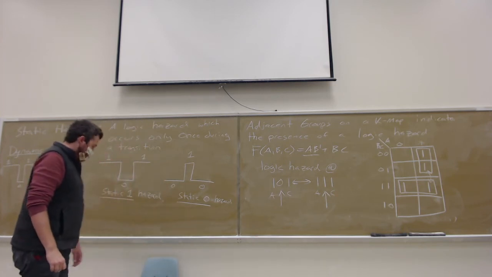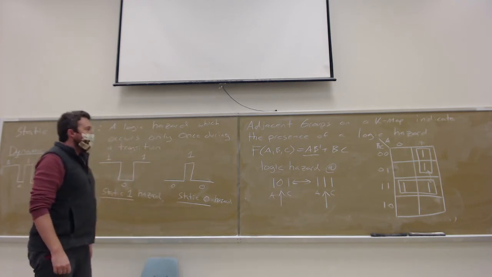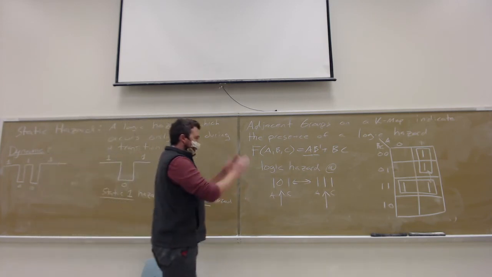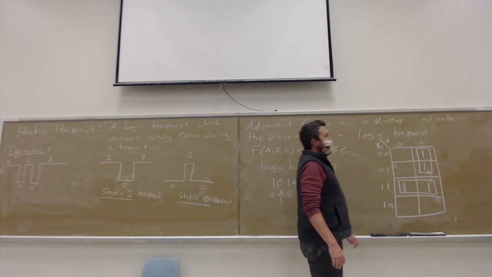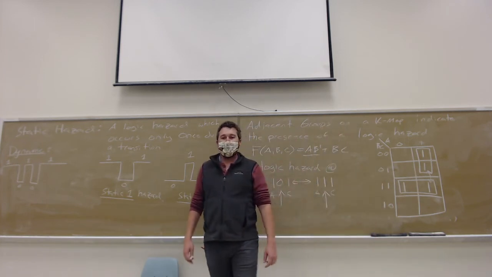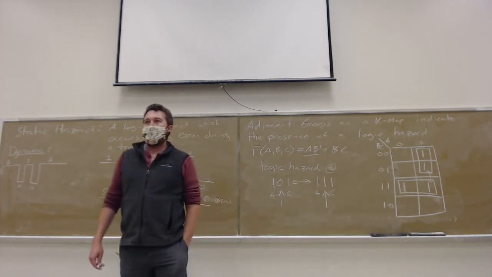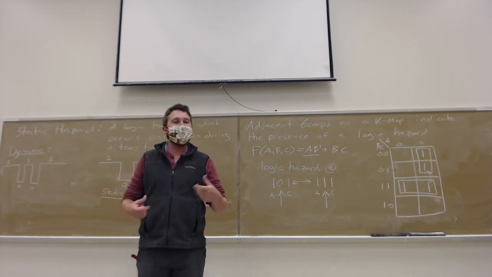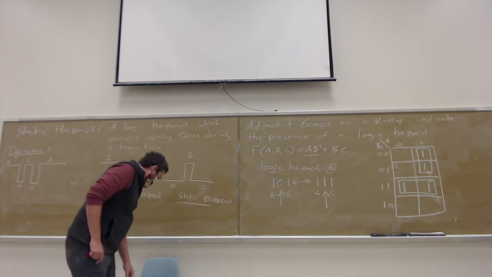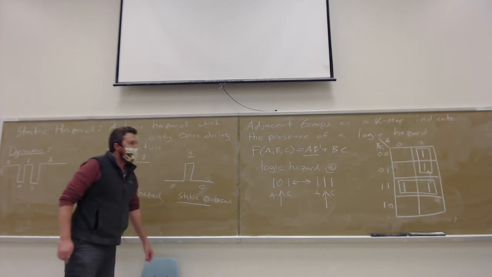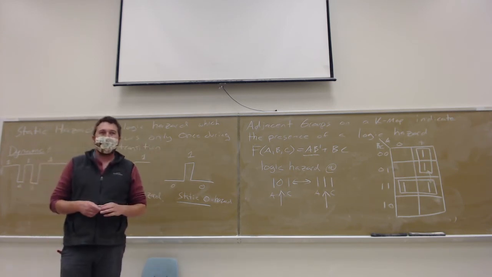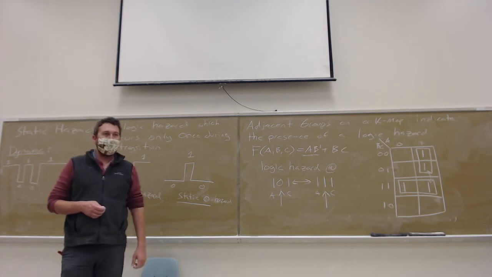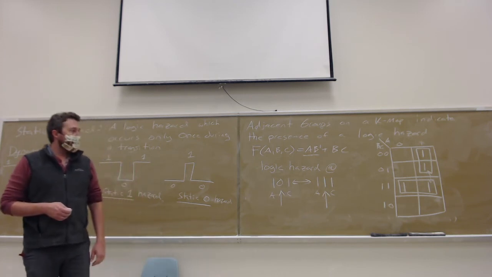Good. So when you're going to look for your logic hazards, you look at the K-map. So how do we get rid of it? How do we redesign our circuit to no longer have a logic hazard? Did you group the ones differently?